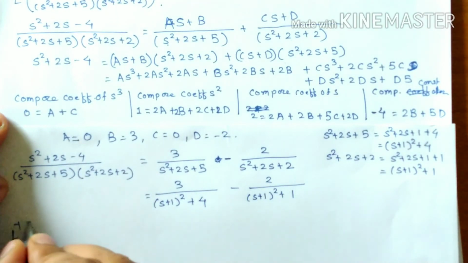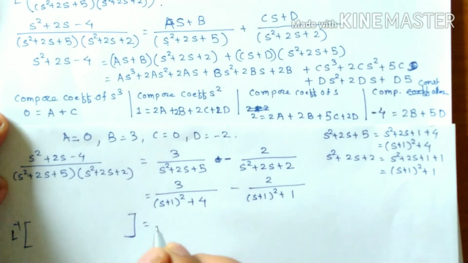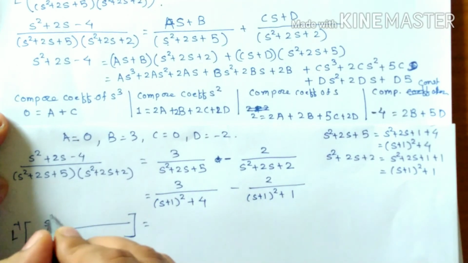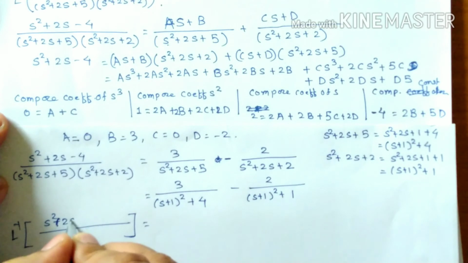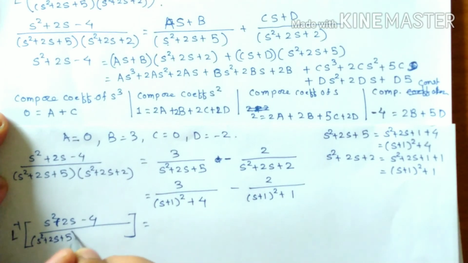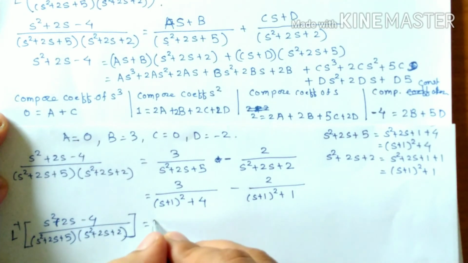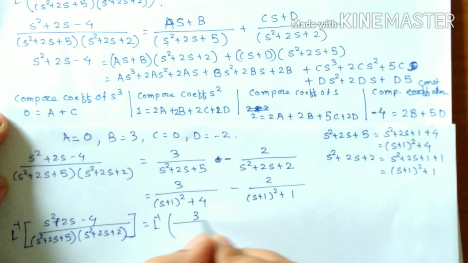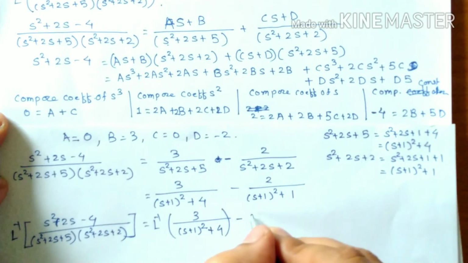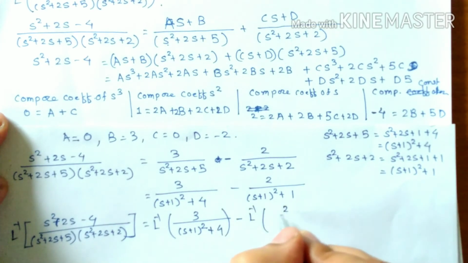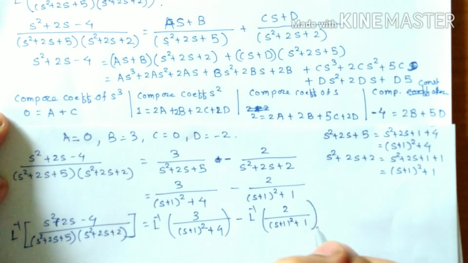Now taking the inverse Laplace on both sides, L inverse on the left hand side, into s square plus 2s plus 2 is equal to L inverse of 3 divided by (s plus 1) square plus 4 minus L inverse of 2 divided by (s plus 1) square plus 1.